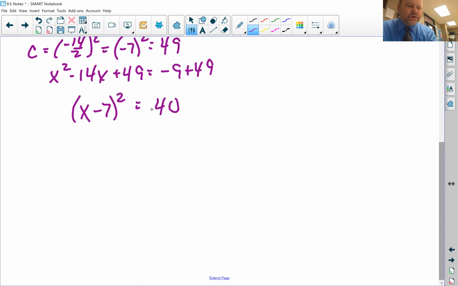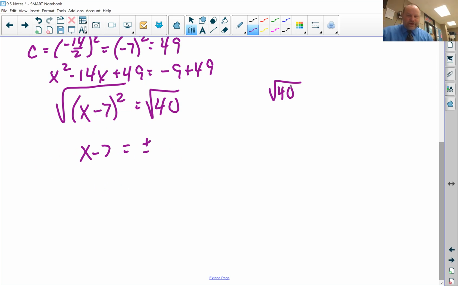Take the square root. X minus 7 equals plus or minus, and I want to simplify to see if there are any perfect square factors that I can take out of 40. 40 is even, so 2 and 20. 20 is even, that's 2 times 10. 10 is even, that's 2 times 5, and 5 is prime.